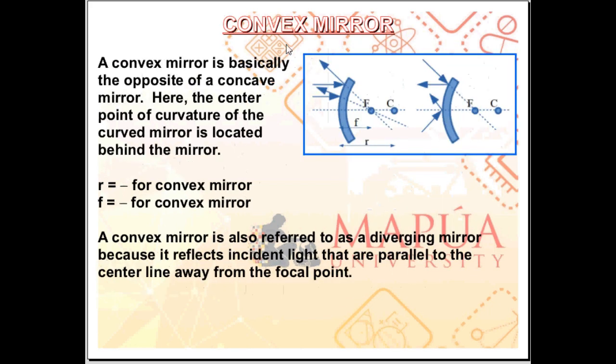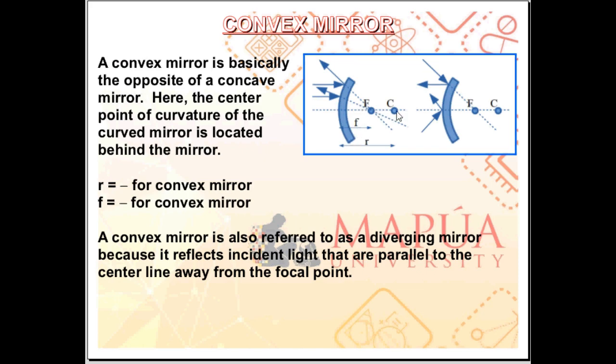Convex mirror, on the other hand, the center point is on the other side. The mirror is curved such that the center point of curvature is behind the mirror. So you have incident light reflecting off the mirror.